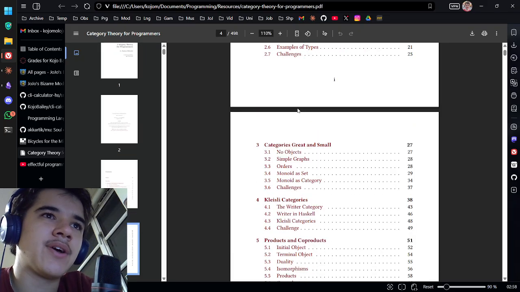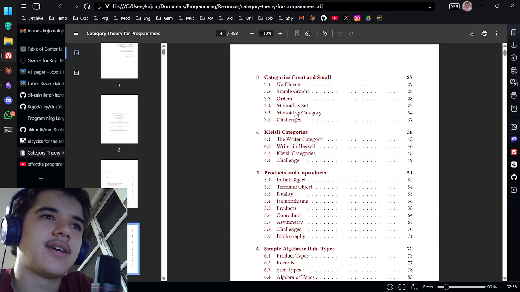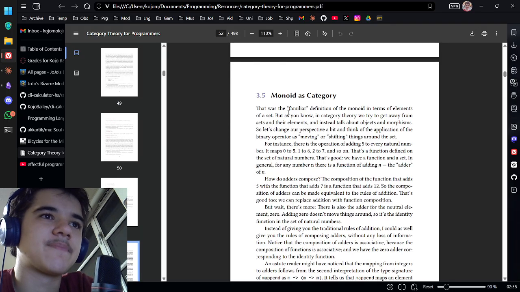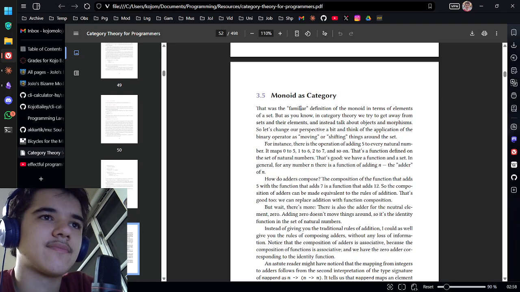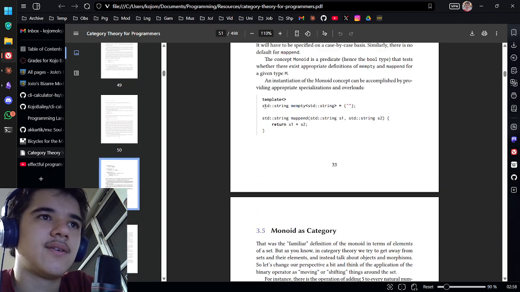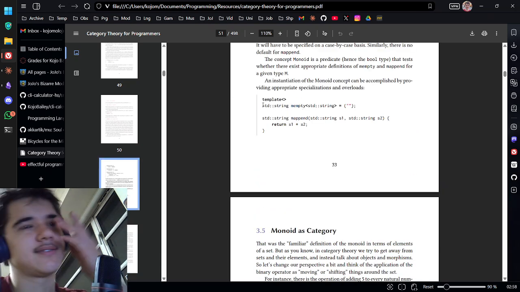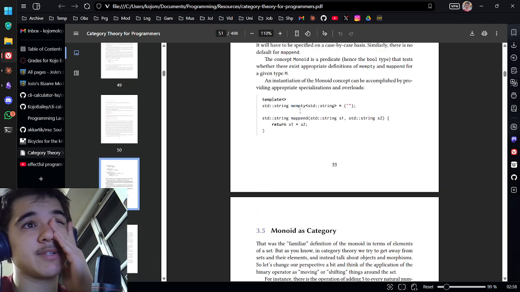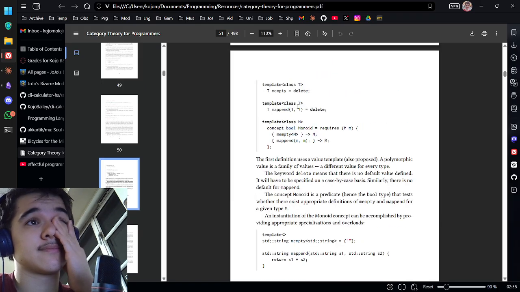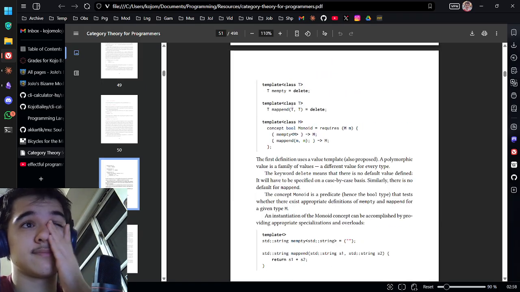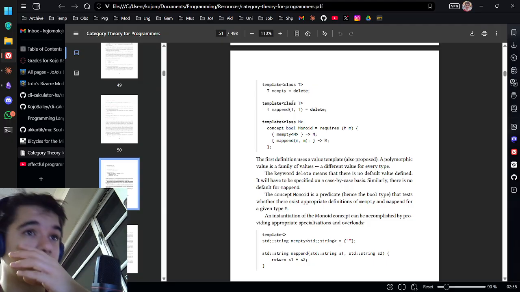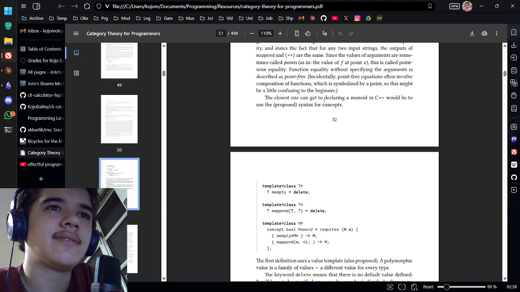Who needs types? Good question. I love that question. Monoid as a set, monoid as a category. Ah, great. Straight into monoids. What the f? Holy C++. This is 2019, yeah?